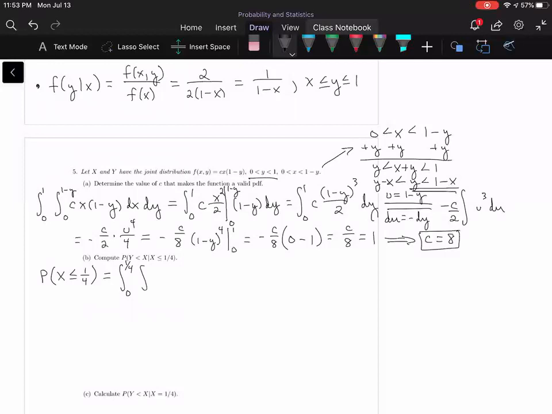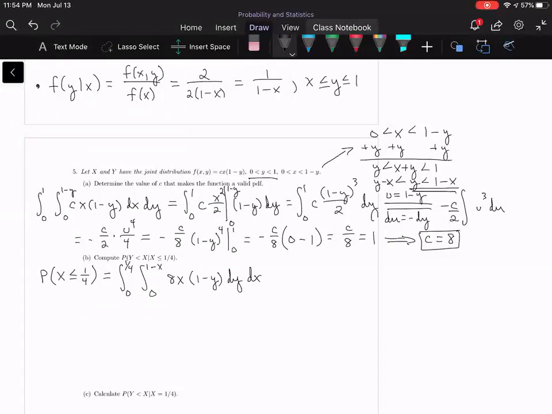So that means I am going to integrate 0 up to 1 minus x of the joint distribution. So this is 8x(1 minus y). I'm integrating with respect to y first and x second. Notice that the x term and the y term are actually not dependent on one another, so you can break these into two integrals.